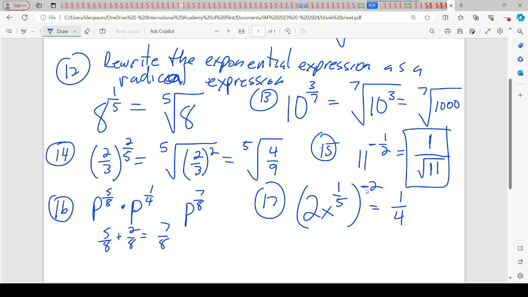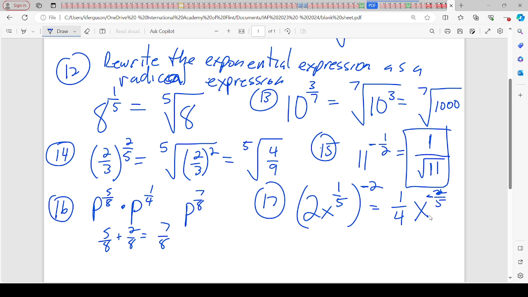And now I got x to the 1/5 power. Well, it's to the negative 2. So what am I going to get? I'm going to get x. When I've got an exponent that's being taken to a power, I multiply. So I've got 1/5 times the negative 2. That's just going to be negative 2/5.